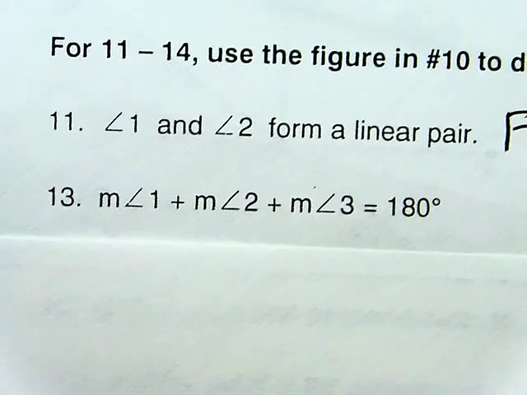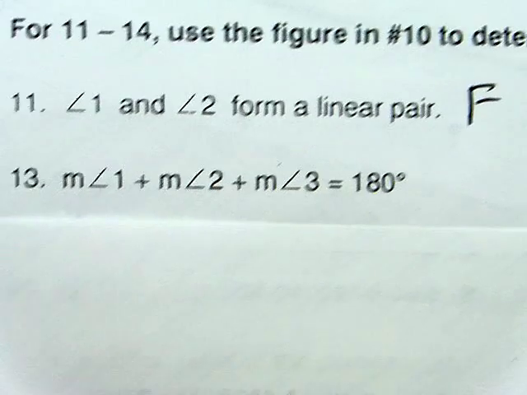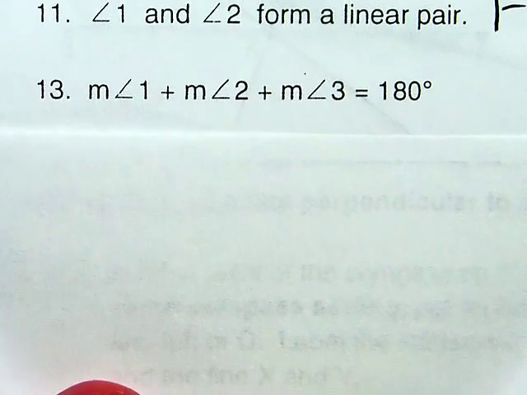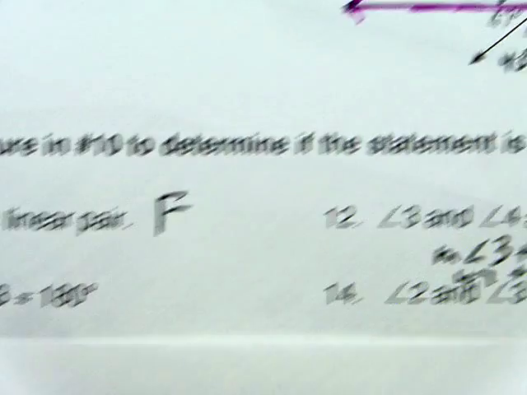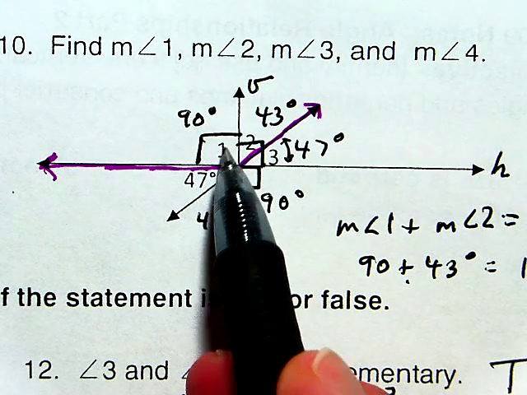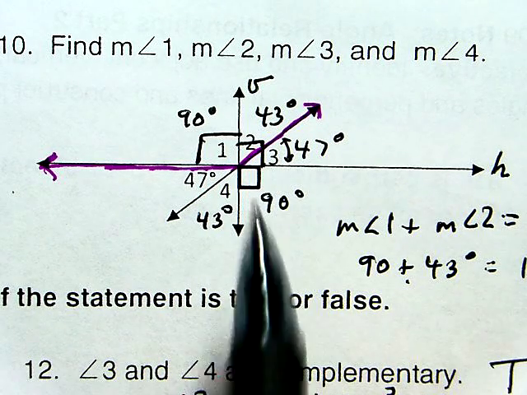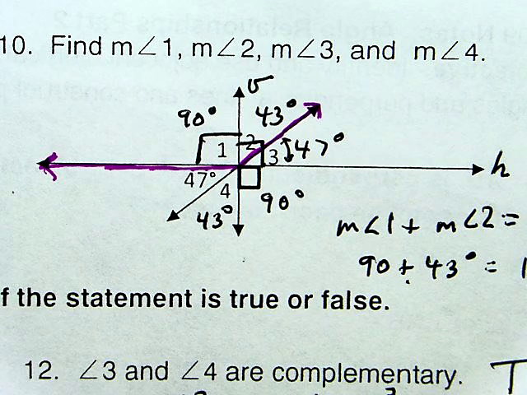Let's now go down to number 13. And let's read number 13. The measure of angle 1 plus the measure of angle 2 plus the measure of angle 3 equals 180. So let's go back to our diagram. So angle 1 plus angle 2 plus angle 3. Well, what is that? That would be this whole combination, right?